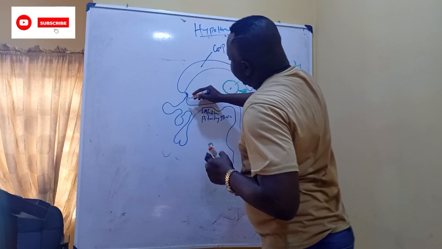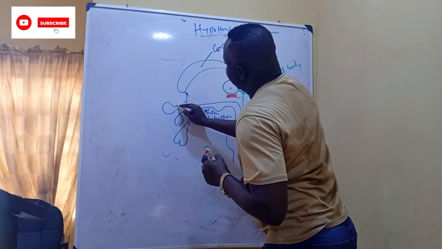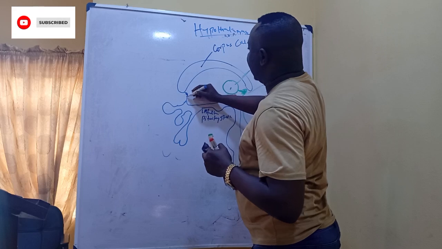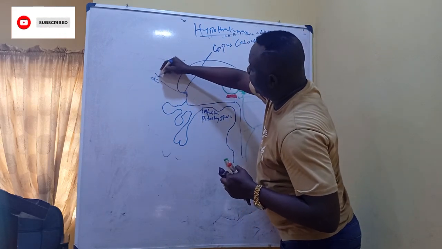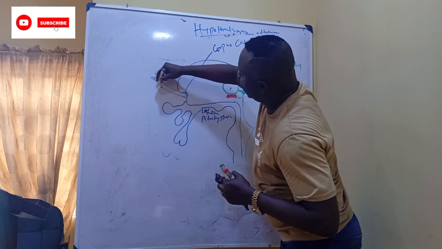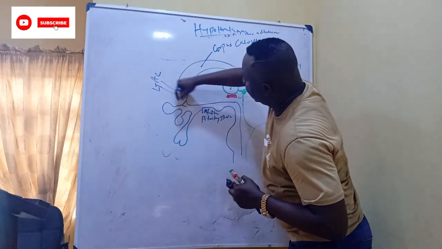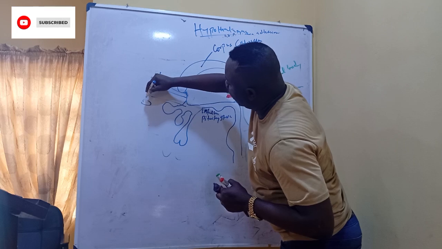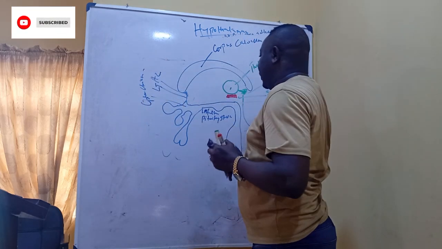So now, this is what? Anterior commissure. This is the lamina terminalis, right? This is the optic chiasma, right?